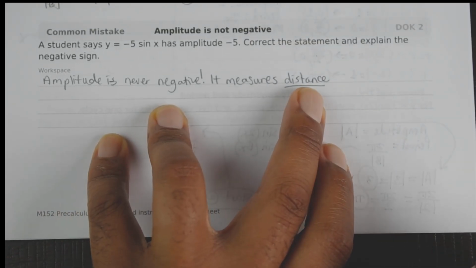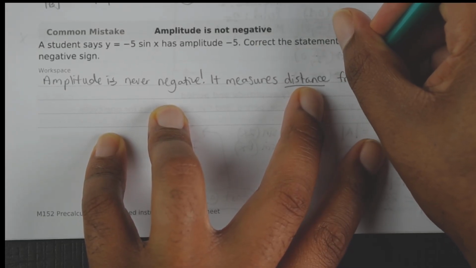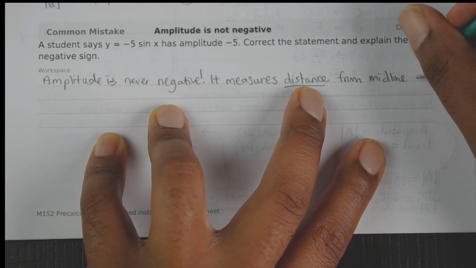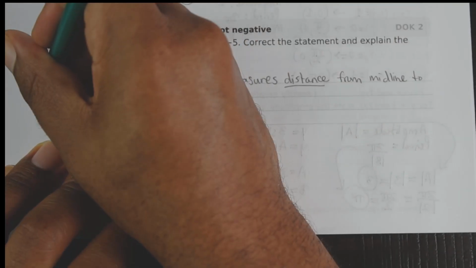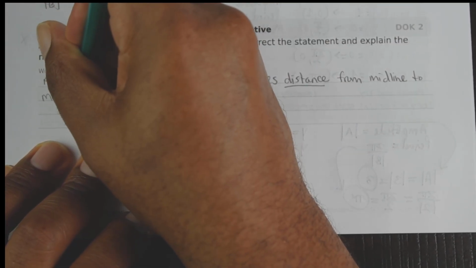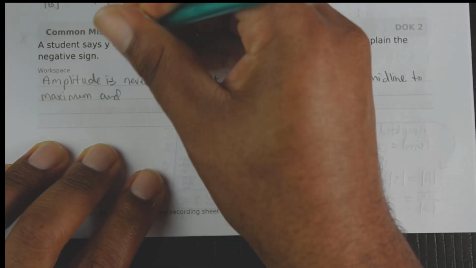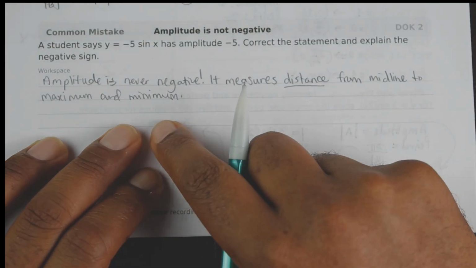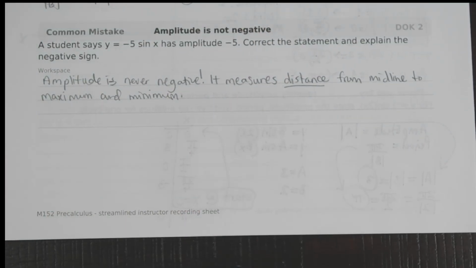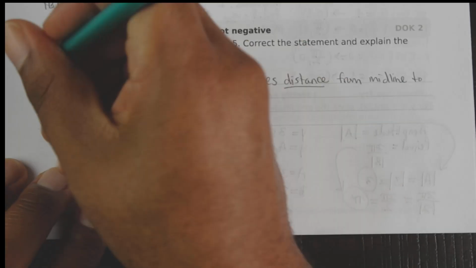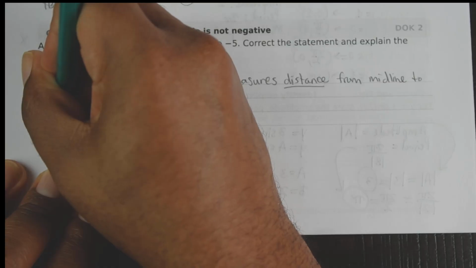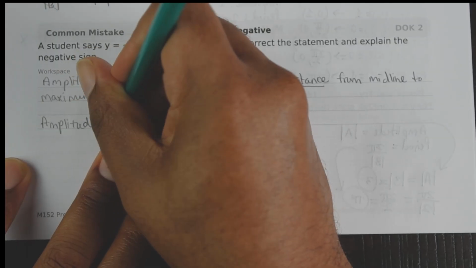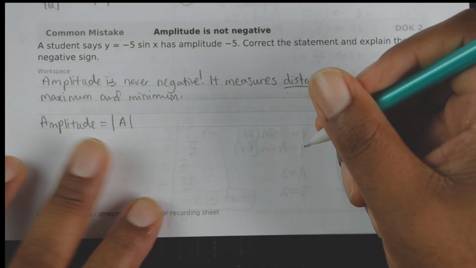It measures distance from the midline to the max and the minimum. Therefore, it can never be negative. Distance is always positive, right? Moreover, the amplitude is the absolute value of A.